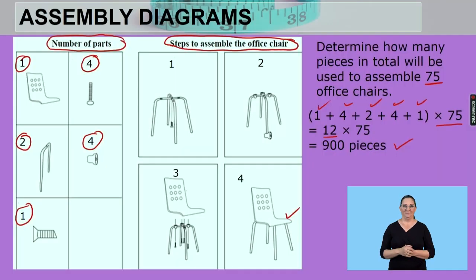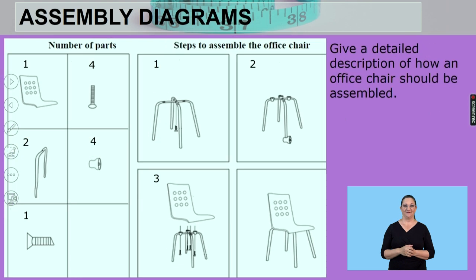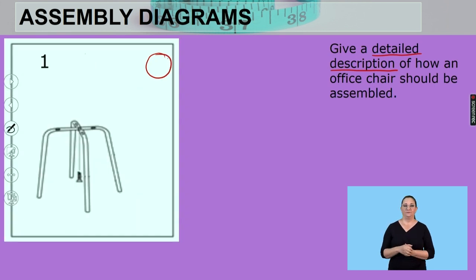Wow. So, let's move along. Give a detailed description of how an office chair should be assembled. Now, in this case, we've got to start at step 1 and continue the process until the chair is assembled, the very last step. So, let's see what we've got to do first. To do this piece, step 1, there it is.